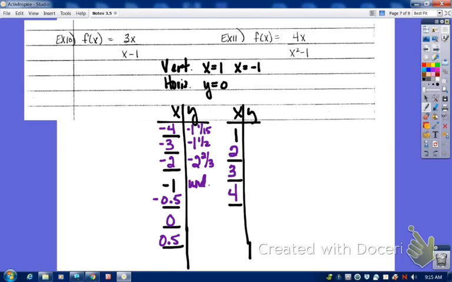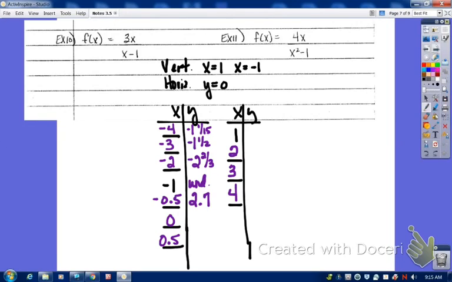So 4 times negative 0.5 is negative 2 divided by negative 0.5 squared minus 1. Anybody get 2.7? That's the same thing as 2 2/3. I know I've got some fractions and decimals that won't matter when you sketch it out.